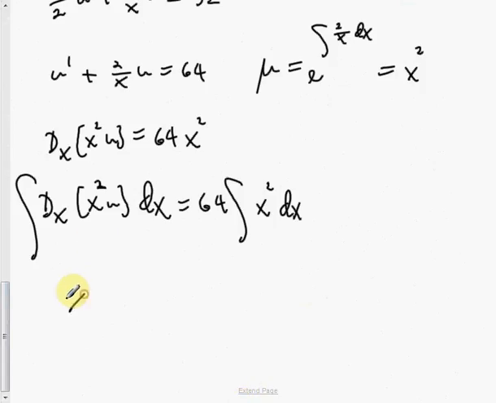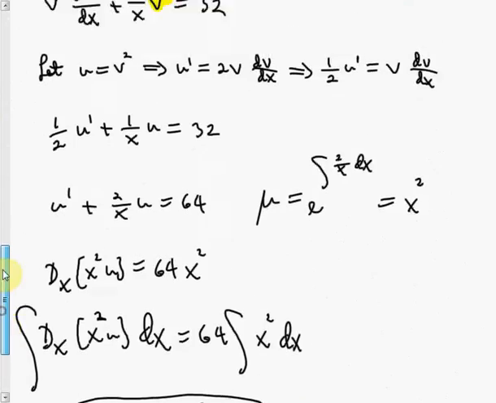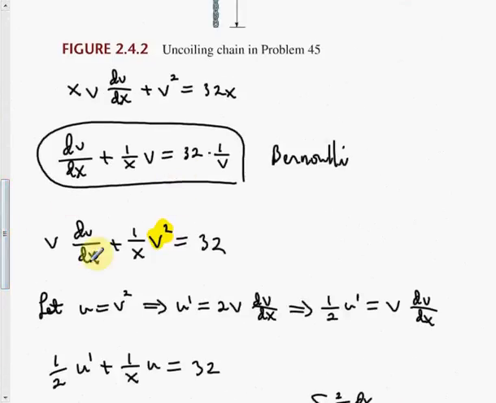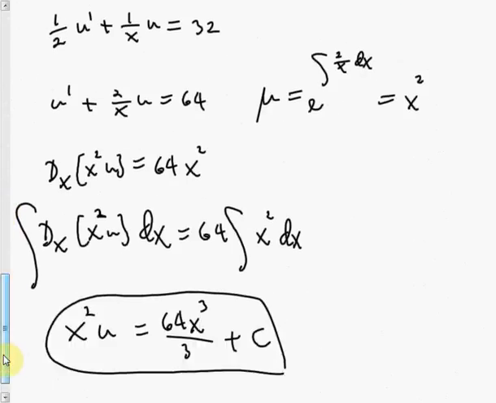Okay, that tells me it's time for me to stop. The integral gives 64x to the third all over 3 plus some constant. You get u by itself, and then u was this v squared. You get v squared by itself, and then you get v by itself.